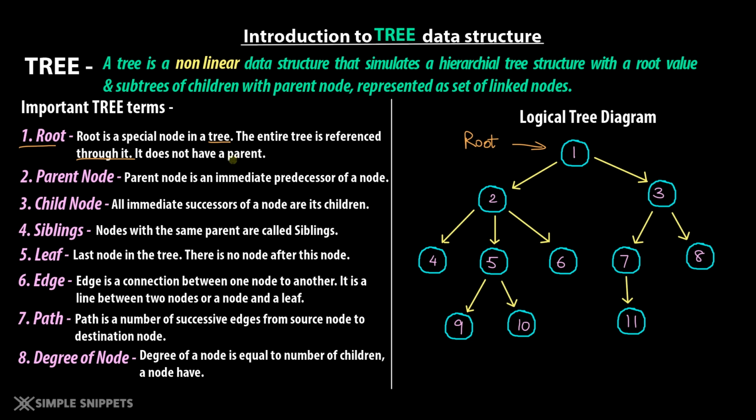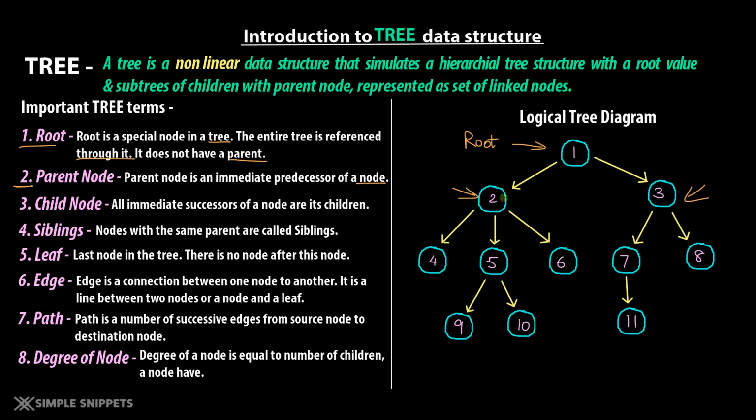So obviously the next question is, what is a parent node? That is point number 2, and a parent node is a node which is an immediate predecessor of a node. Predecessor means the node that comes before it. So for node 2 and 3, which node comes before it, immediately? It is the root node, which is node 1.